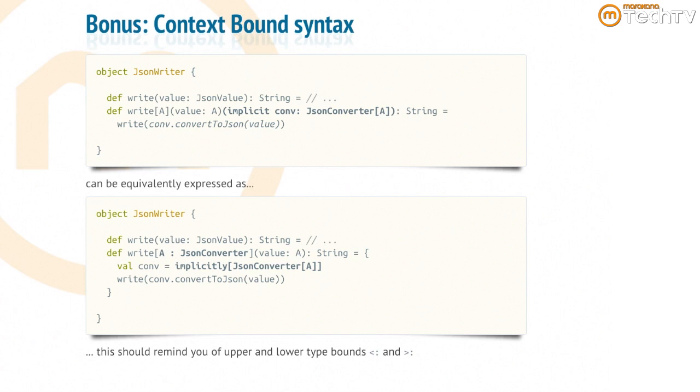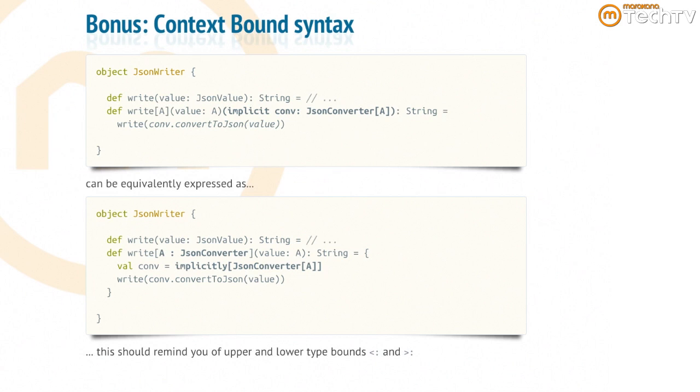Or, another way of expressing that is A is a member of the JsonConverter type class. And this should remind you of how you would put upper or lower type bounds on a type parameter to a method or to a class that you're defining. It's supposed to be reminiscent of that syntax. And so that's quite nice.